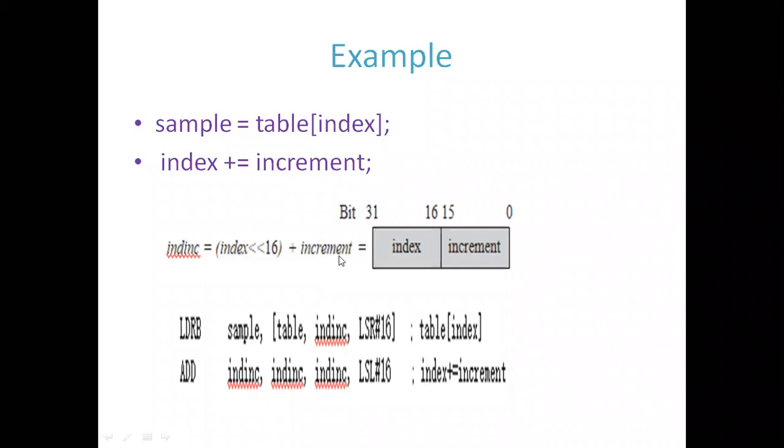How to get the increment? That is very important, right? So that is the add: index plus index plus index, right? Index is here, so we are doing that. Is it right? And this is index. Here it is pointing here, and it is left shifted by 16 bits, right?